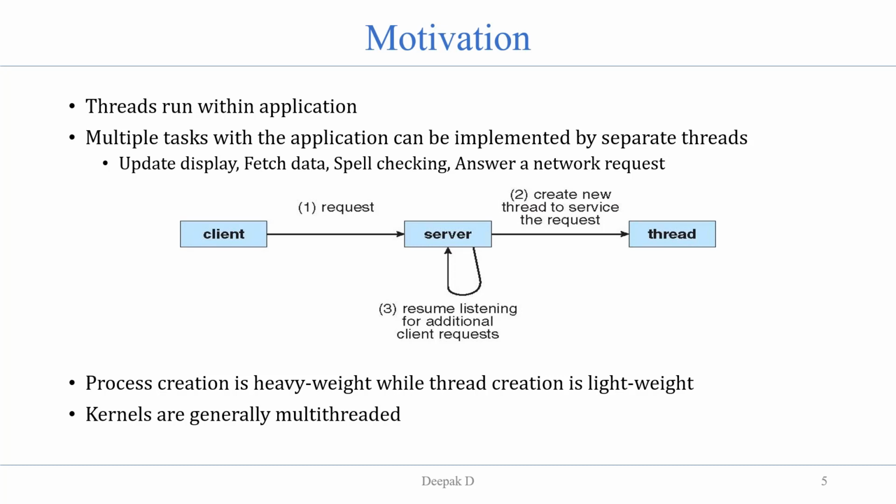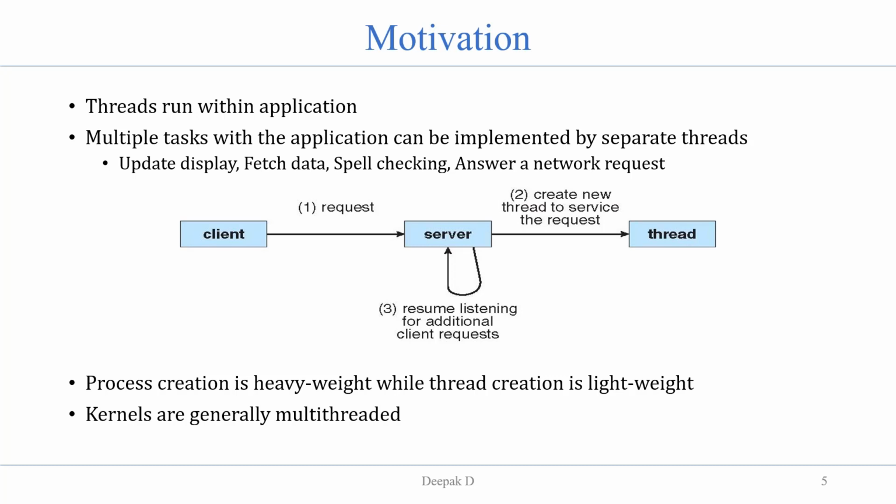Let's take an example: a web browser. Assume that you are using a browser. Whenever you open a particular website, the web browser has multiple threads, some handling tasks like displaying the images and text, while other threads might be used for retrieving data from the network.